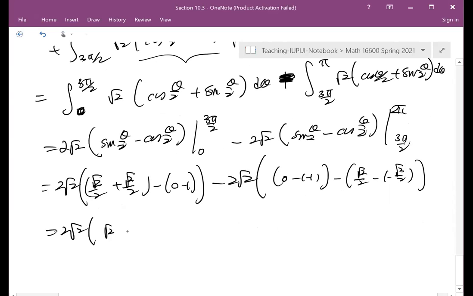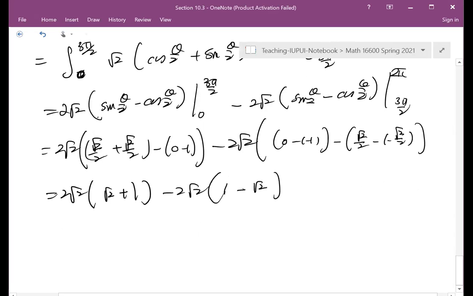And here I have square root 2 plus 2, and here plus 1. And this is a 1, minus 1 minus square root 2. Okay, almost done. So yeah, you have to multiply this out.